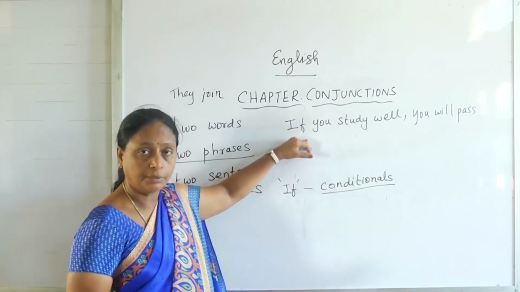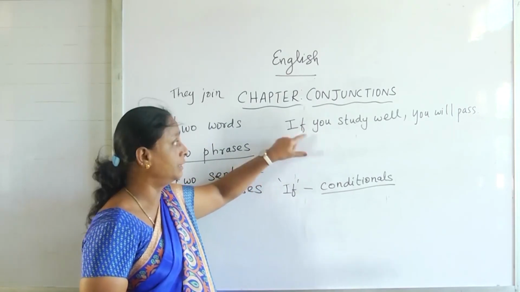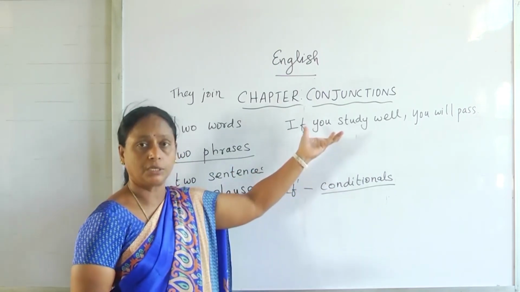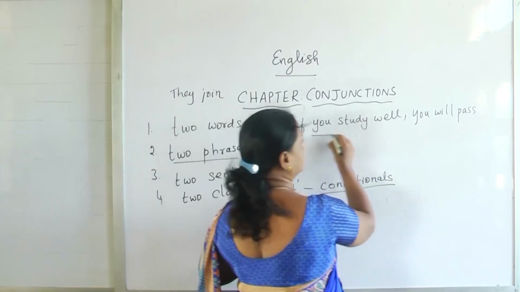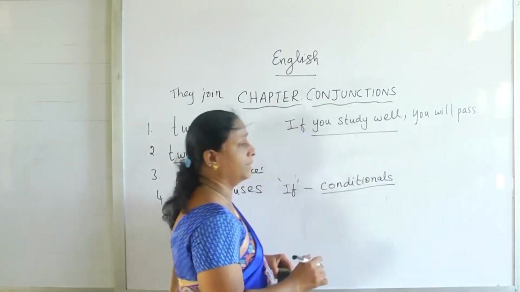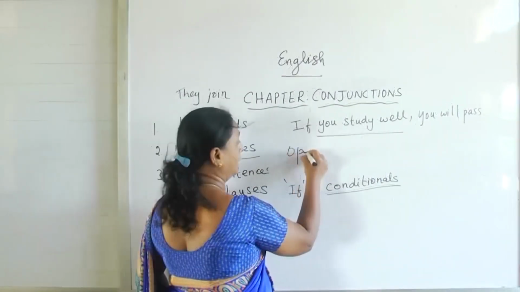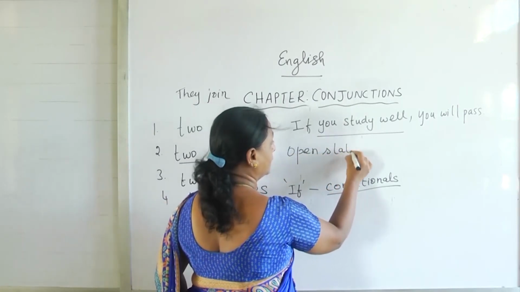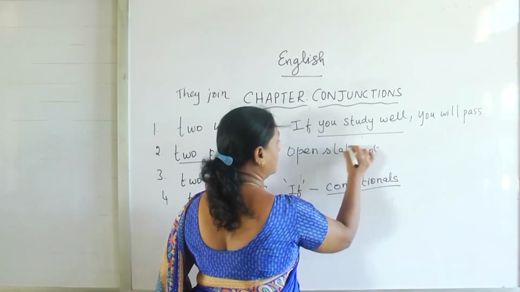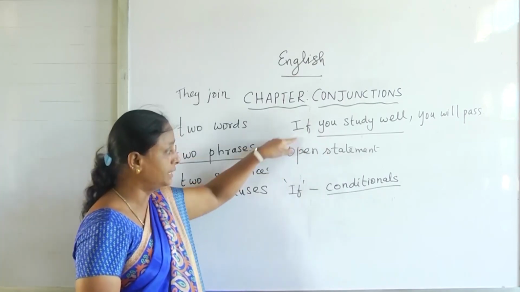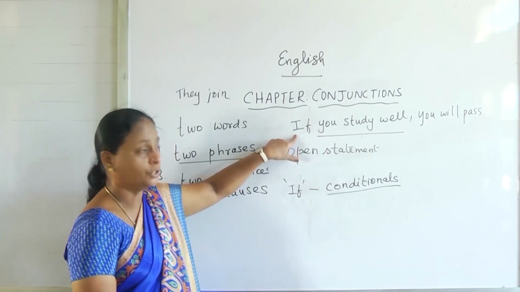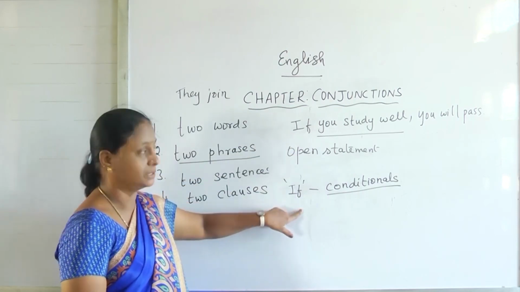It's an open statement, but it is an unfulfilled one. If you study well, what's the result, what is the consequence? You will pass. So it's a fact. If you study well, you will pass. It is an open statement. And it comes under the condition also. What is the condition? You will pass, if you study well. So I can use the if conditional here. So if shows what? Conditionals.